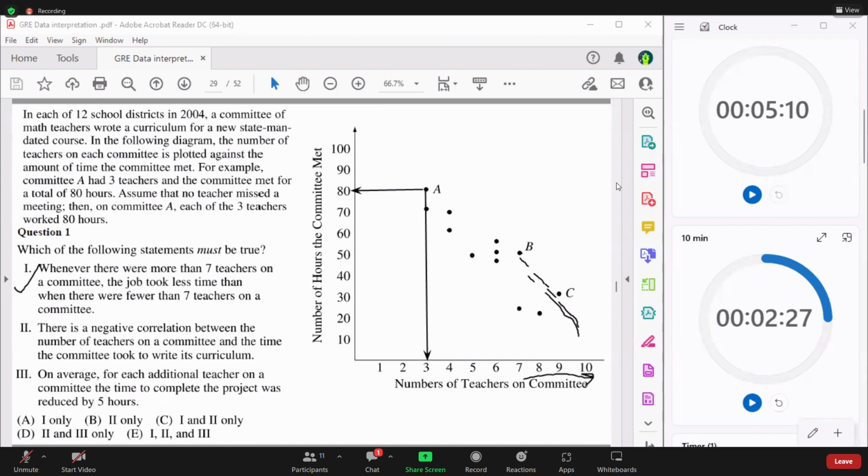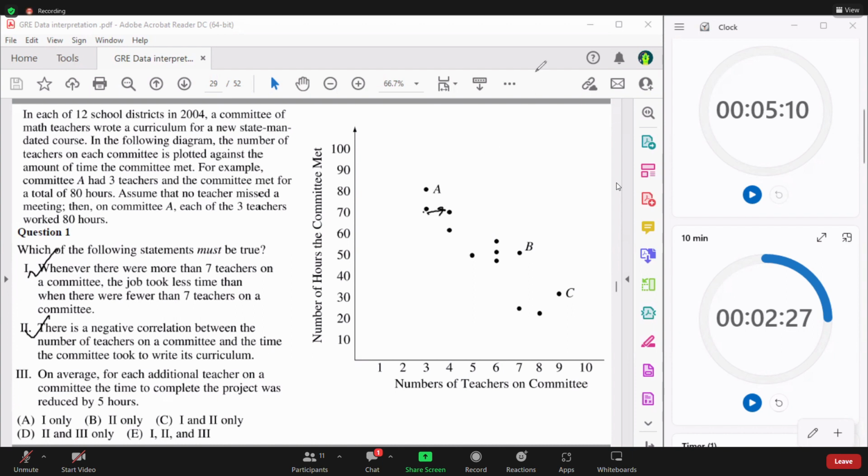Next point: obviously, there is a negative correlation between these two. We can clearly see in the graph it is a negative correlation, because it is coming in this direction. So, this is true, and this is true. On average, for each additional teacher, the computed time to complete the project was reduced by 5 hours.